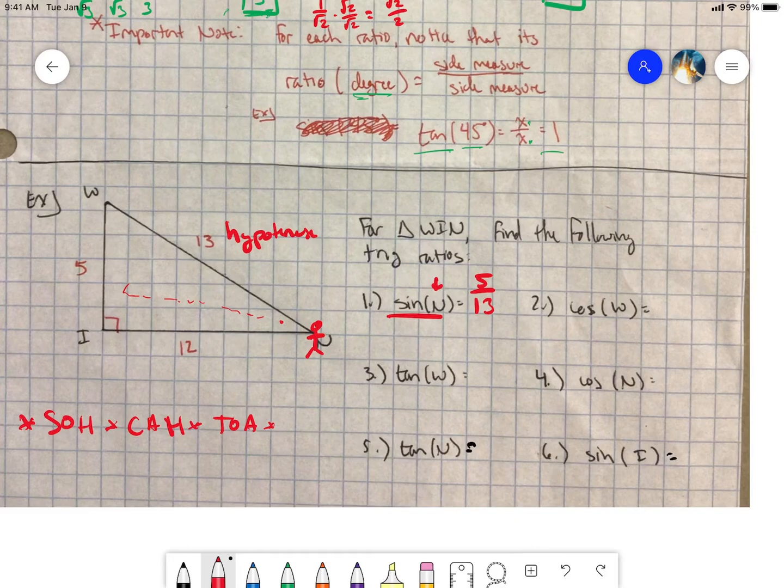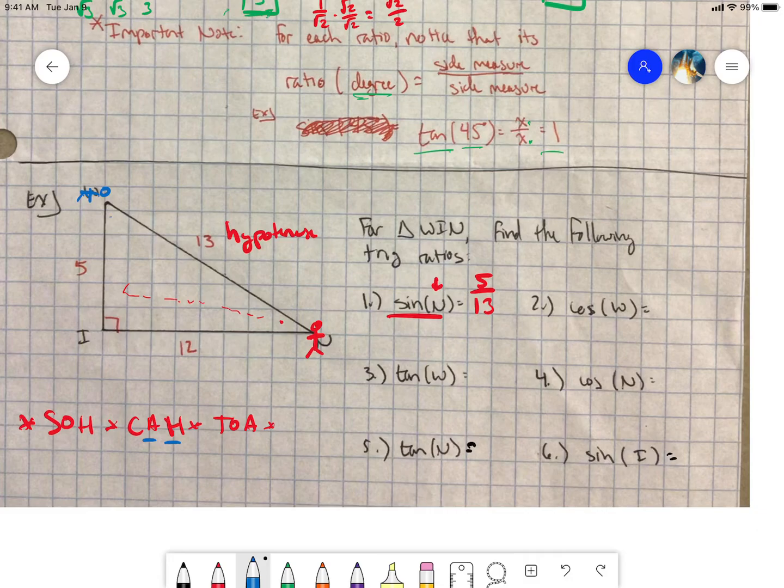Okay, let's go to number 2, cosine of W. So now I'm standing here, looking in. What's cosine of W? Is it 12/5?